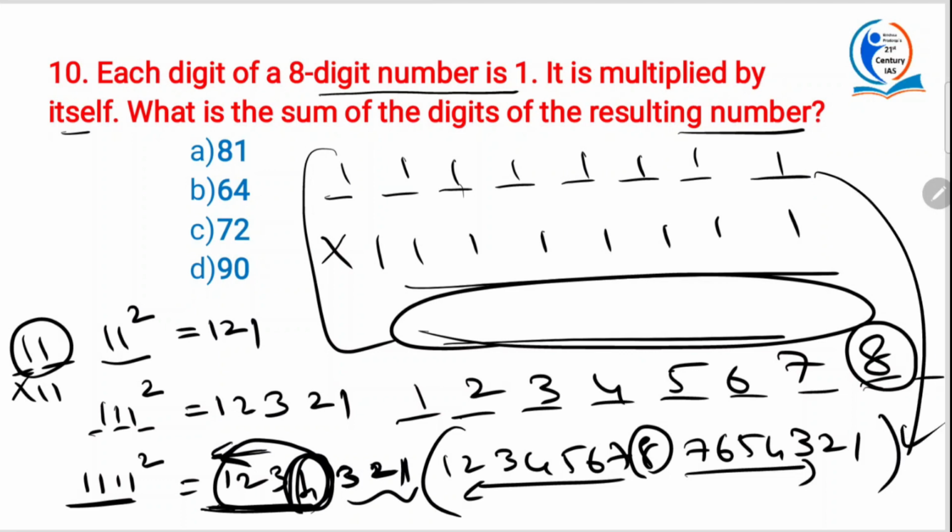Now what is he asking? He is asking the sum of the digits. See, 7 plus 3, I'm trying to group them into tens. 7 plus 3 is 10. 6 plus 4 is again 10. Right. So 20. So you will get 25 with these numbers.